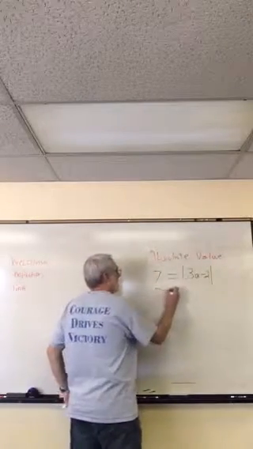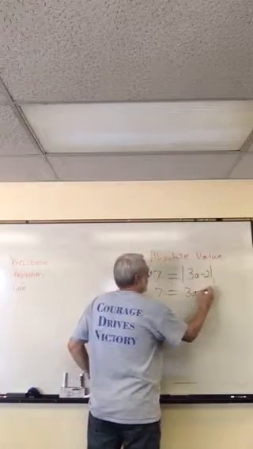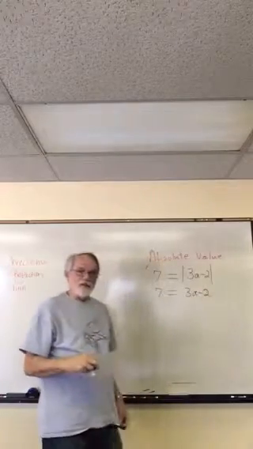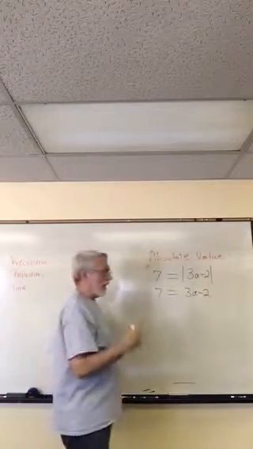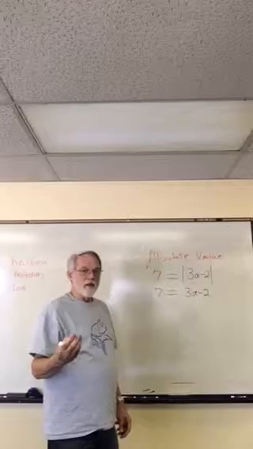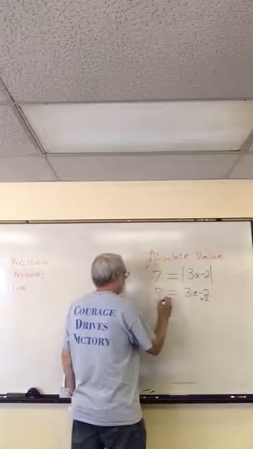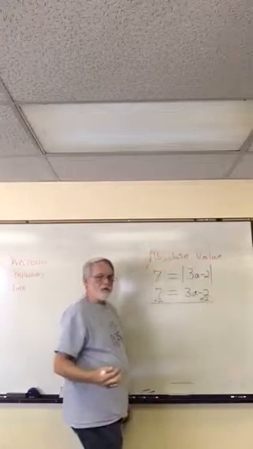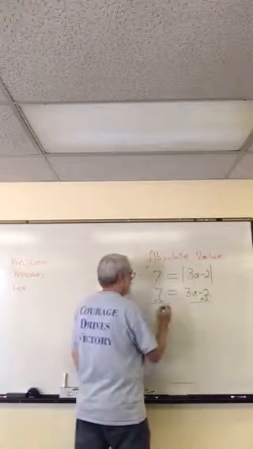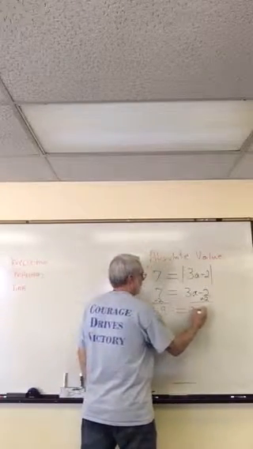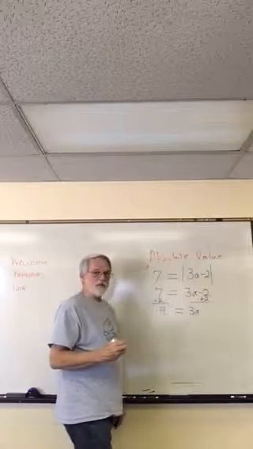So we'd have 7 equals 3a minus 2, and then we solve for a. Add 2 to both sides. You get 9 equals 3a.